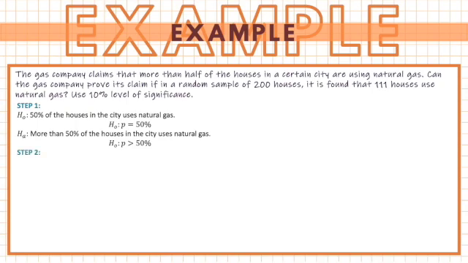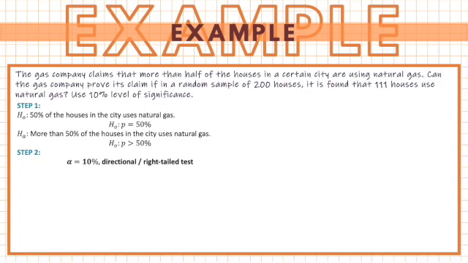In step 2, we identify our critical value using the type of test and the level of significance. So we are using 10% level of significance, and since we are determining if more than half of the houses are using natural gas, we use a right-tailed test.